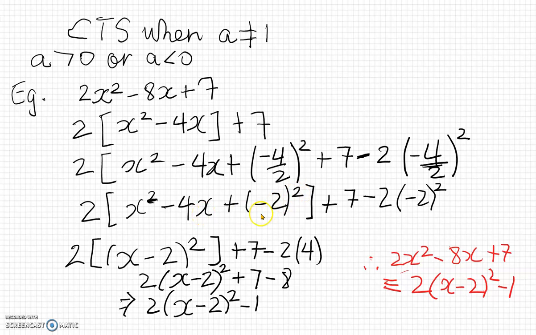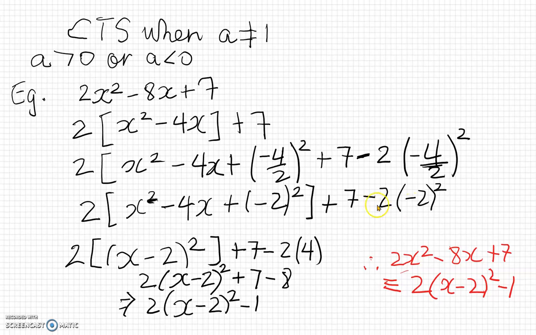Remember, minus 2 all to be squared is really 4. If you expand this, you will get back the same thing. So what I simply do, I take the x, put that down here, take the minus 2, put that here, and I put that square too, simply because this here can be factorized as this. This here is the same as this. This piece here is the same as this.